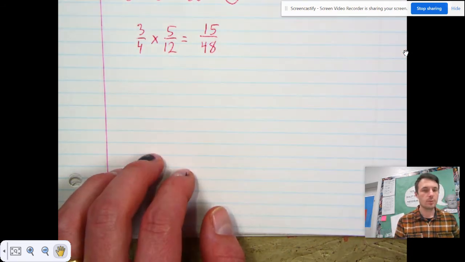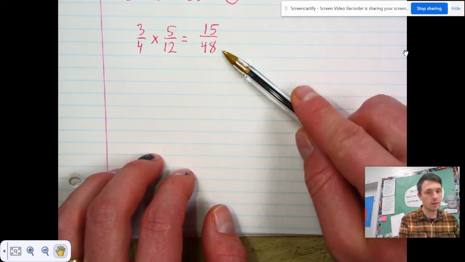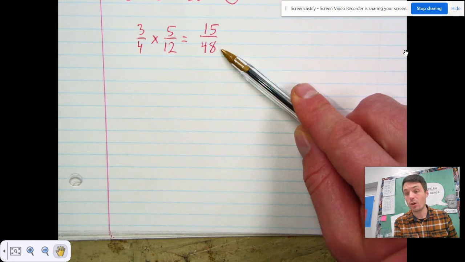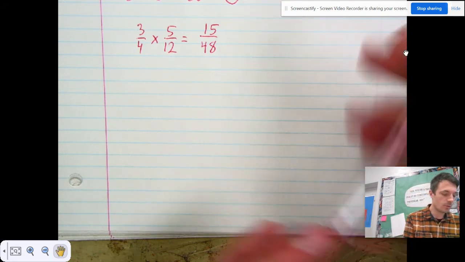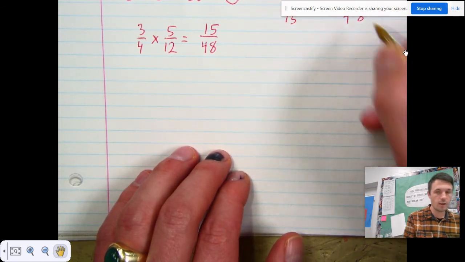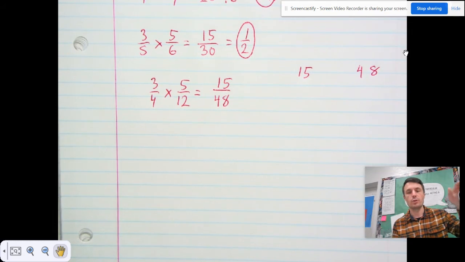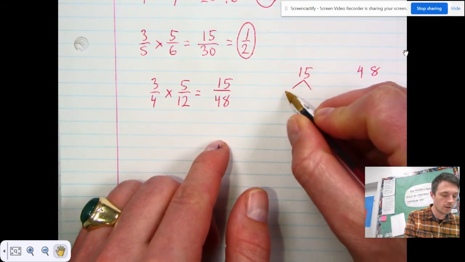And now we simplify, but can we simplify this? So remember, anytime you're not sure, like you might look at 15 and 48 and be like, I don't know if there's going to be a greatest common factor greater than 1. Anytime you're in that situation, find the GCF and see if it is greater than 1. And the best way to do that when you're working with larger numbers like 48 is to use prime factorization.